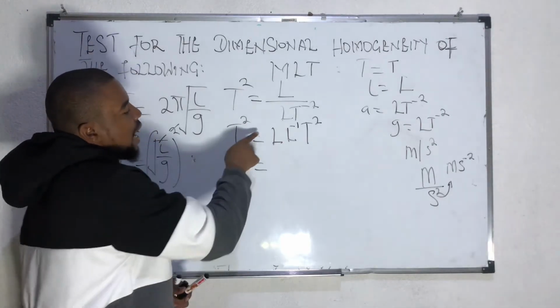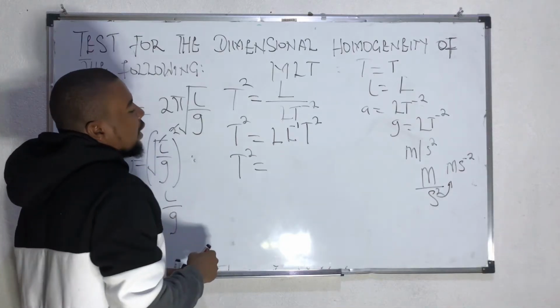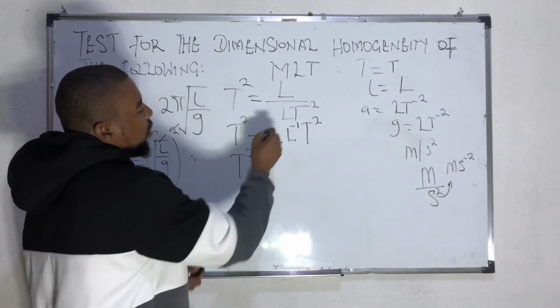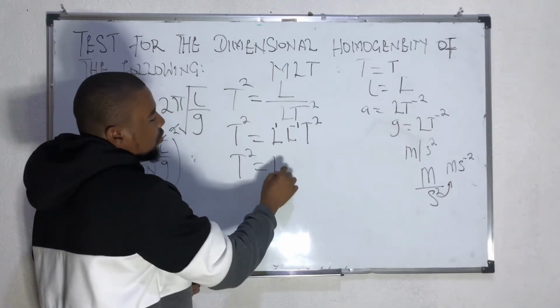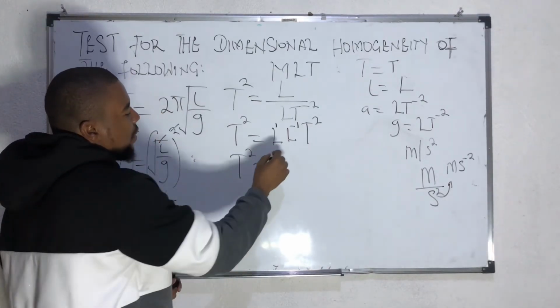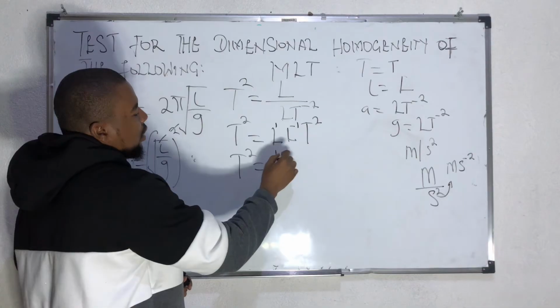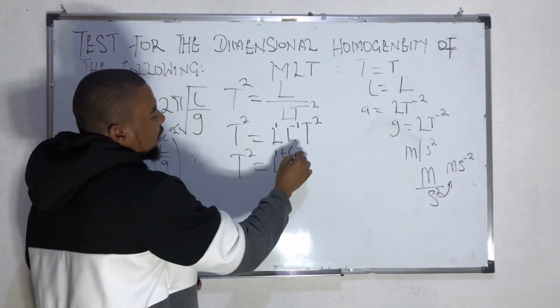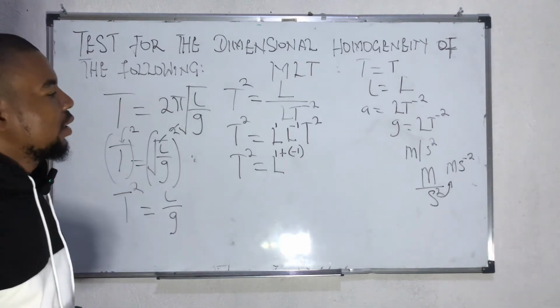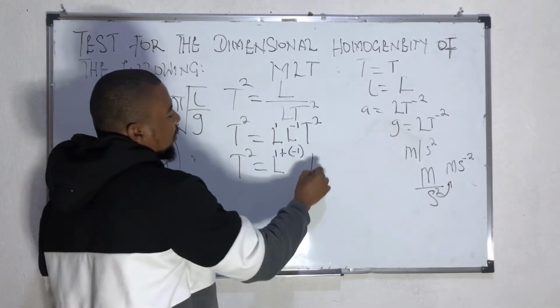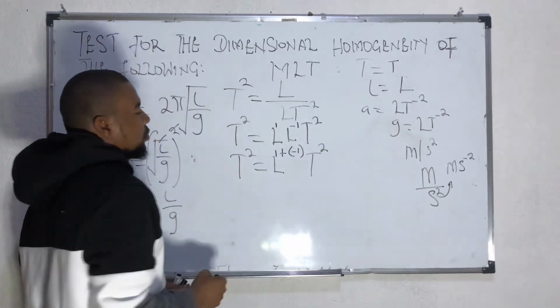Now we have an L here, and this is raised to the power of a positive 1. Because the bases are the same, we simply add the powers. We have 1 plus negative 1. We've added the two of them together. And next up, we have a t raised to the power 2.